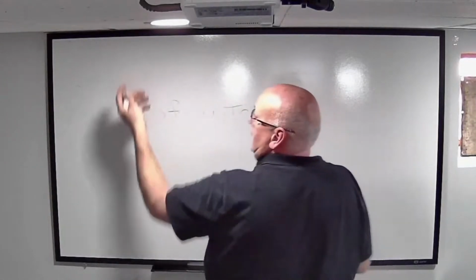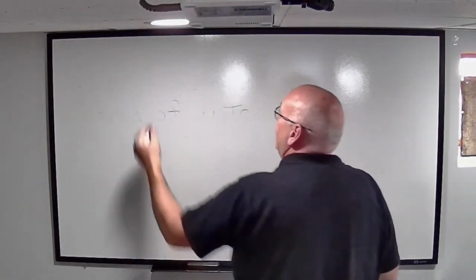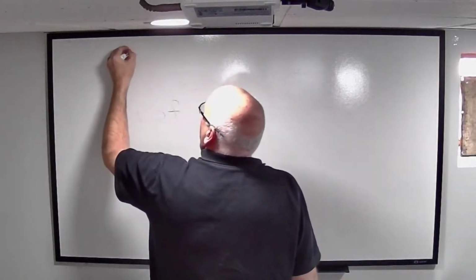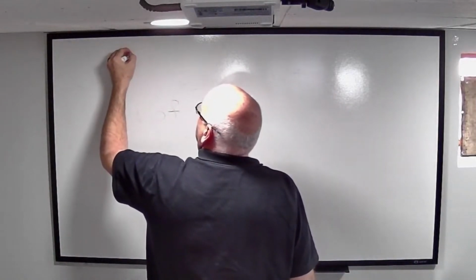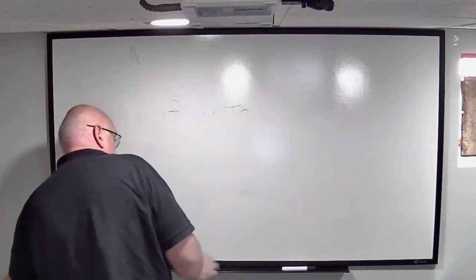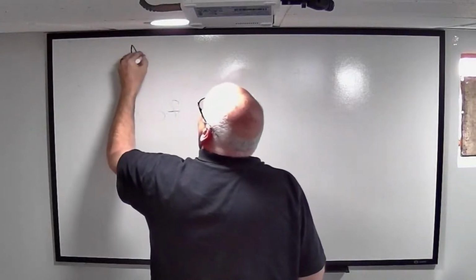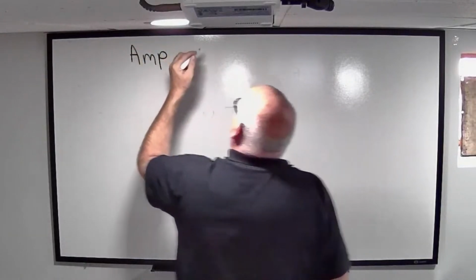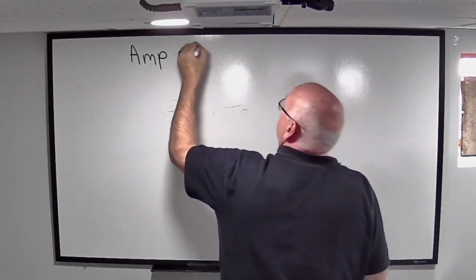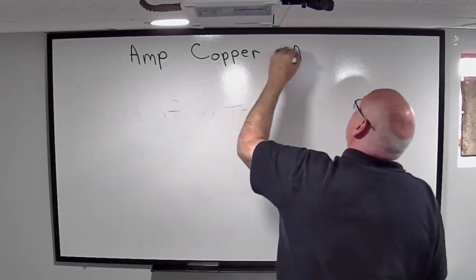So basically, I like to have a little chart. I would strongly recommend that you get something like this so you can memorize these things. So if we write up on the left, amps, and then we'll have copper, and then aluminum.